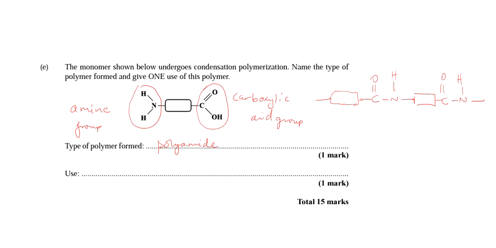And what they want is a use of this polyamide. We can say we use it to make ropes. We use it in textiles or clothing, to make paint brushes. So any example we can give for the polyamide will be fine. Okay.